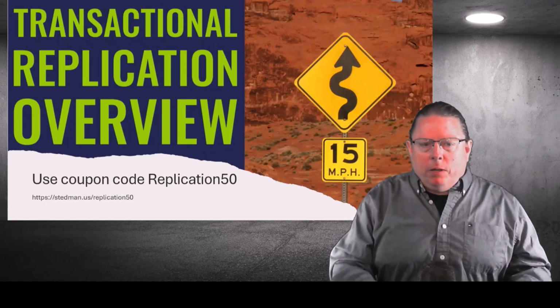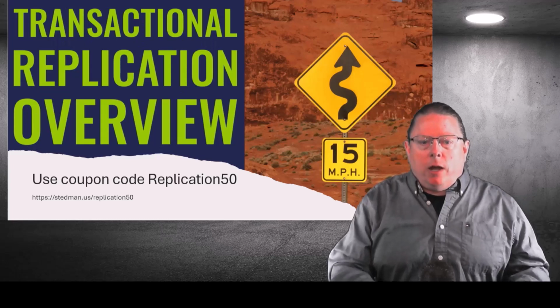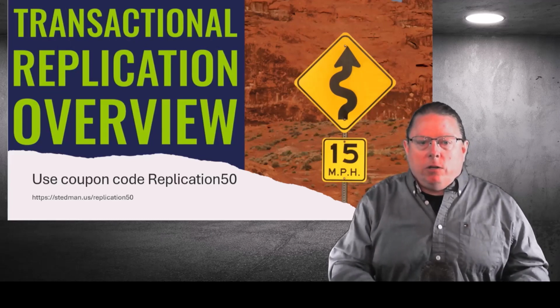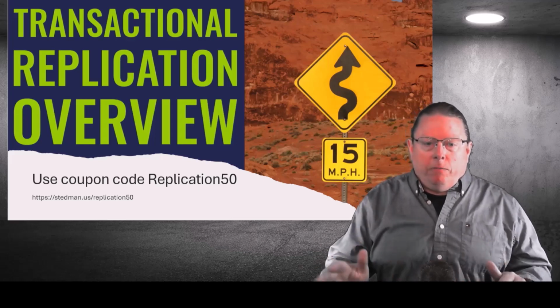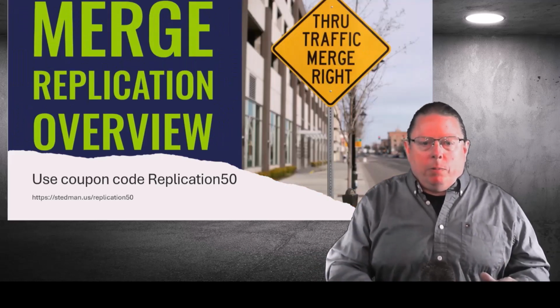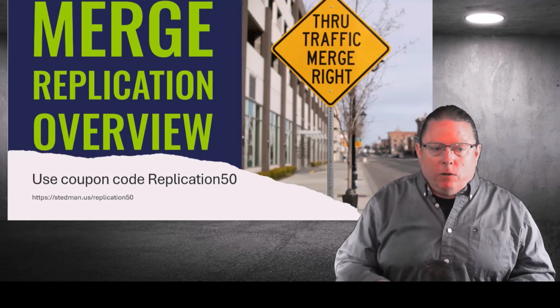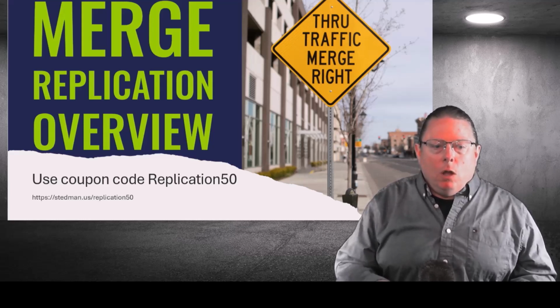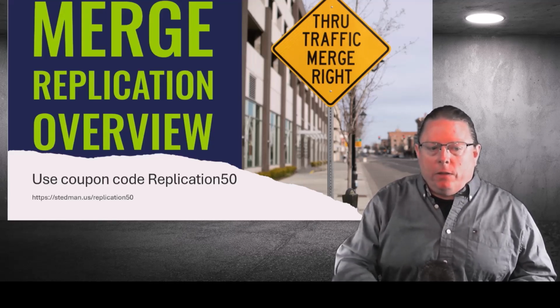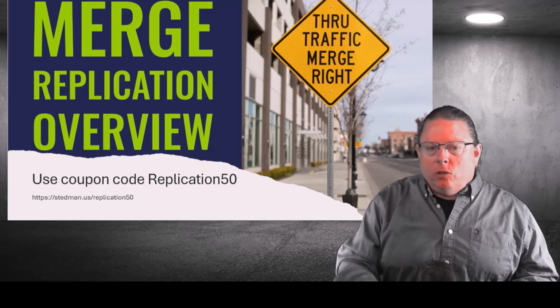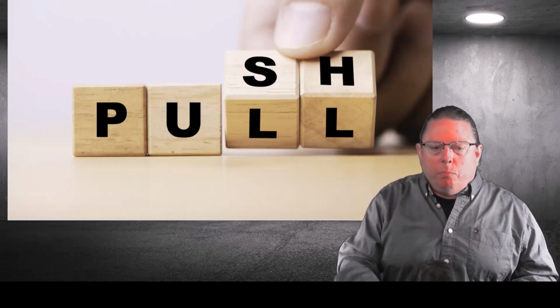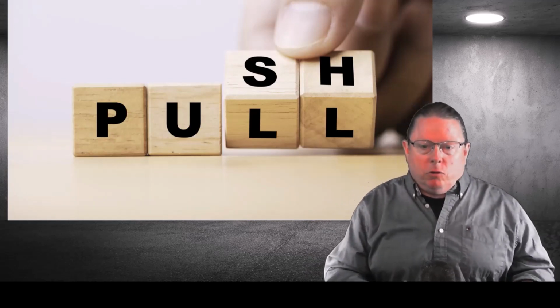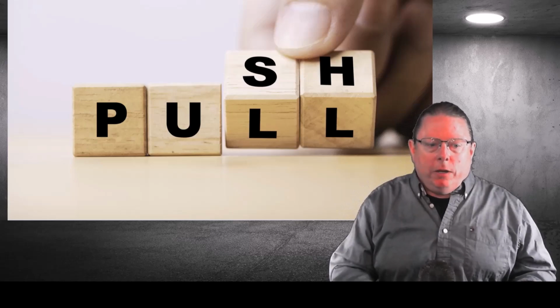There's transactional replication, which does that initial snapshot and then scans the transaction log to know when things are changing in order to send more information out. And then there's merge replication, which does the initial snapshot, very similar to snapshot replication, and then uses triggers to catch what is changing on each database in order to know what it needs to synchronize one way or another. Then it has the issue of conflicts that have to be resolved. We covered push versus pull subscriptions and where the jobs are being run that move the data.